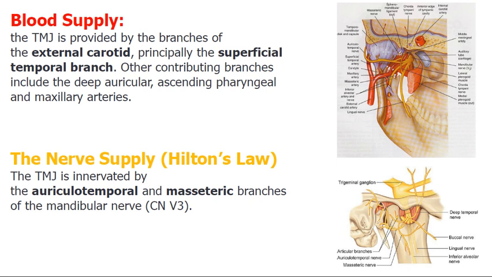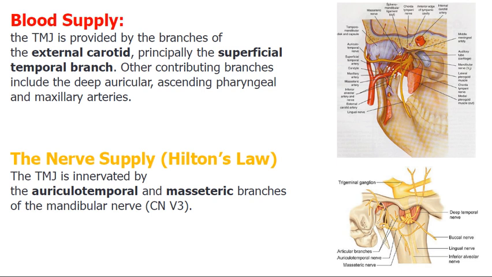The other contributing branches come from the deep auricular artery, the ascending pharyngeal artery, and other branches from the maxillary artery, which is the terminal branch of the external carotid artery in the infratemporal fossa.